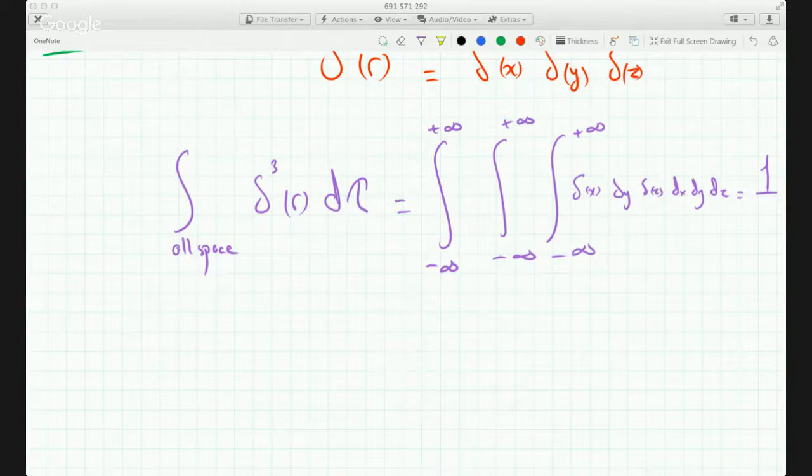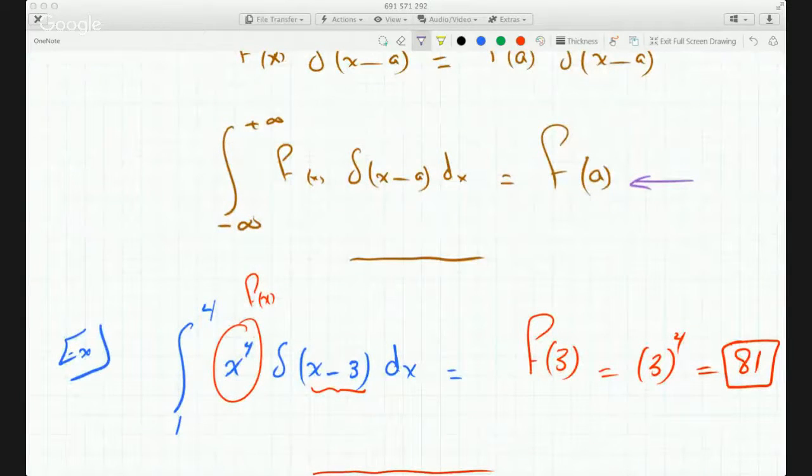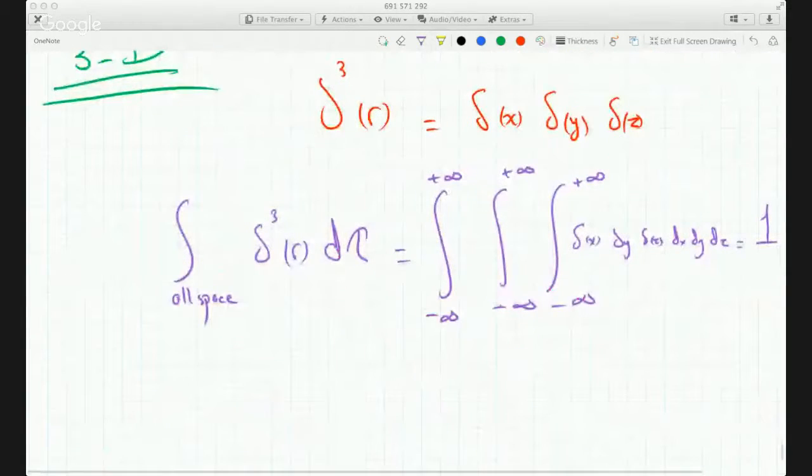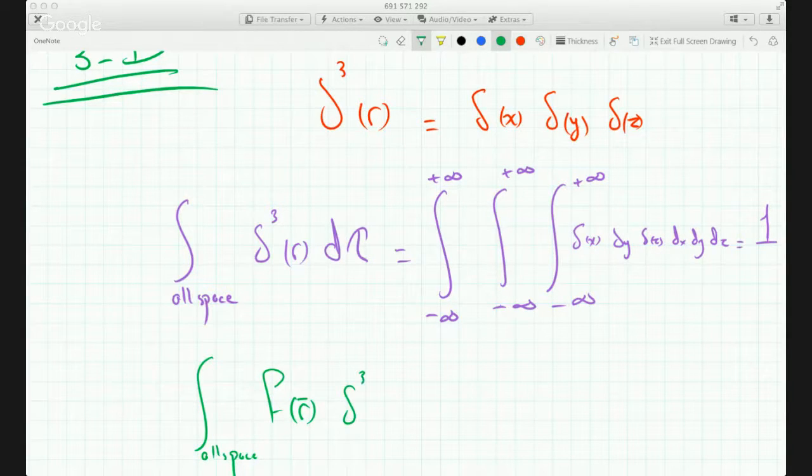Now, I can generalize what I wrote at the beginning to 3D. I could say that the integral over all space of f of r, some function of r, times the Dirac delta function cubed of r minus a, so now we're shifted by an amount a, d tau.